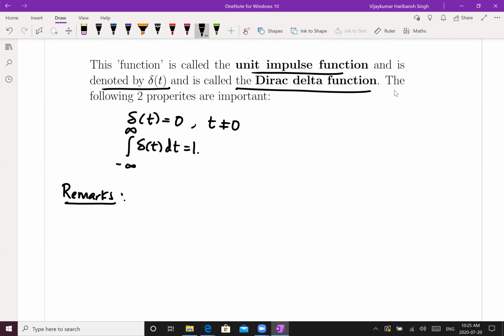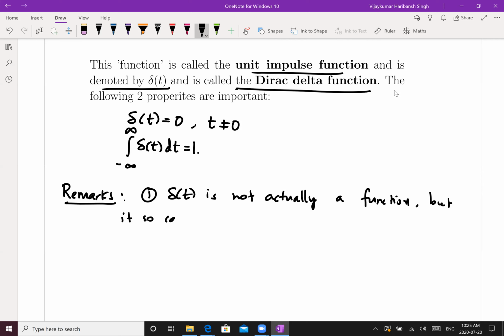First of all, notice that delta t is not actually a function. What is it then? It is a so-called generalized function.